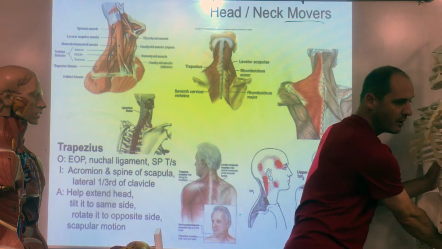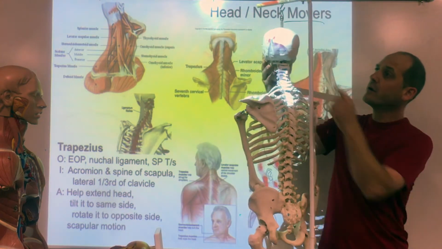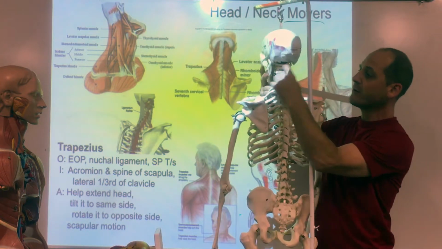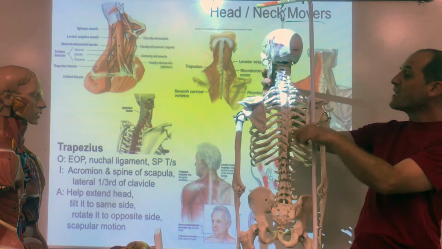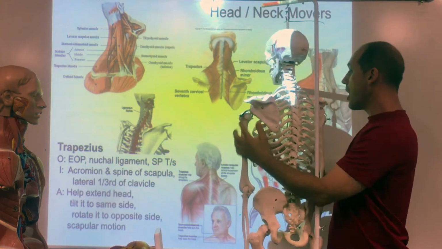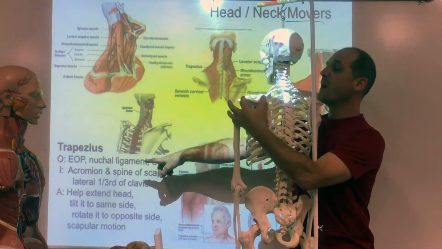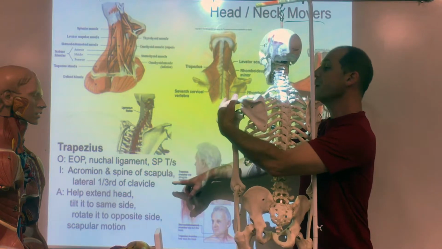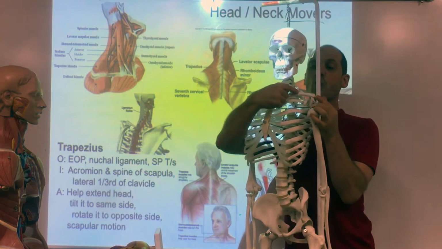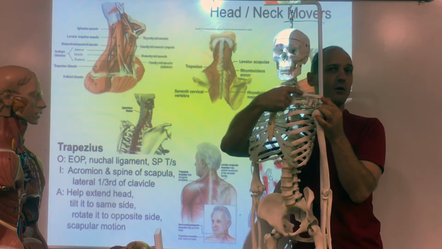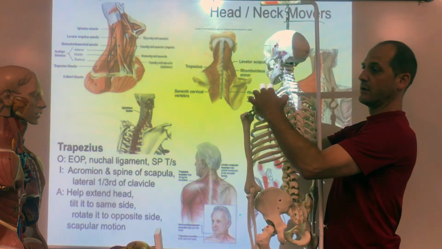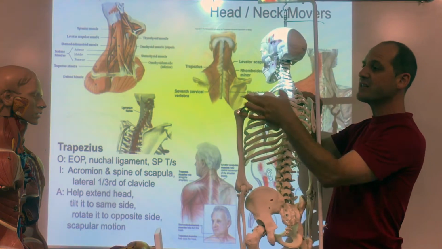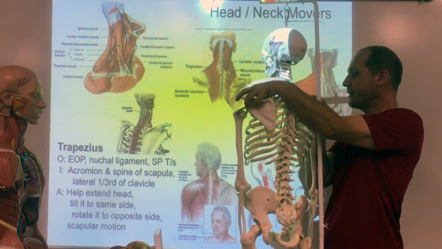So on this one, essentially, from up here all the way down to here. And it comes out and goes onto the spine of the scapula, the acromion process, and the lateral third of the clavicle. So right there, it holds on to it. You can see this massive muscle right there holding on to this thing.